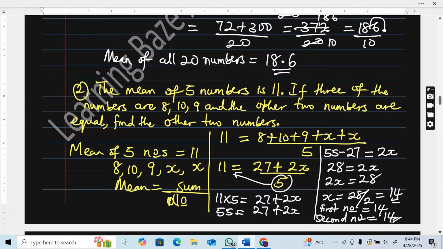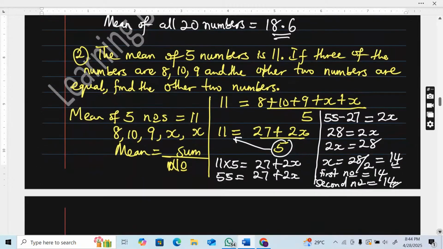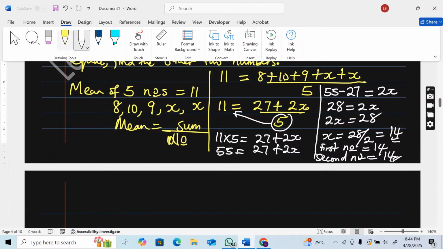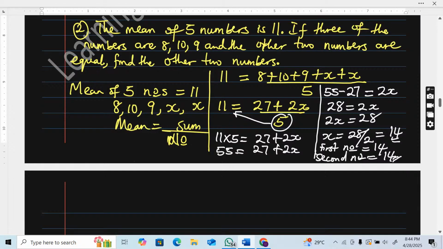Now it is time for a question. Question for whoever wants to take the lead of this class, and that question will be based on the example that I've just done. This is a Royal Star question.